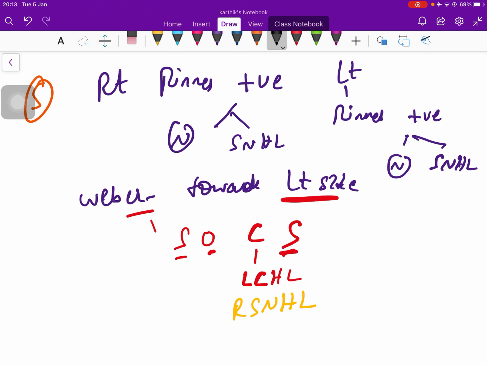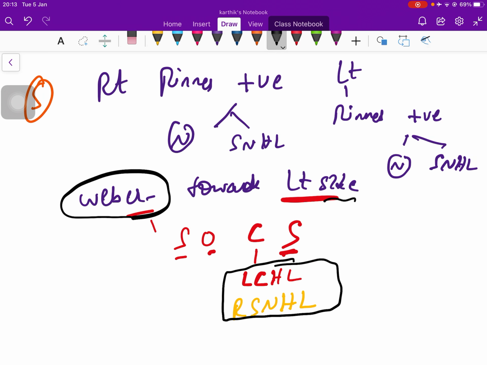Now rule out what is the answer? Tell me. The given was right Rinne's is positive and left Rinne's also positive, and Weber is towards left side. So with the Weber towards left side, what all can be possible? Left conductive hearing loss or right sensory neural hearing loss.